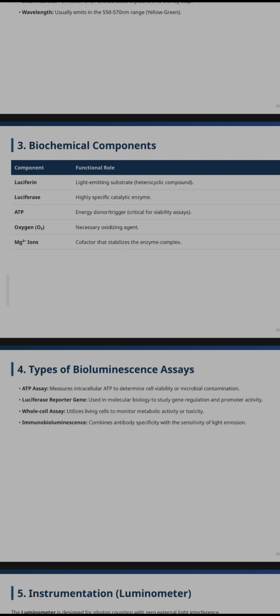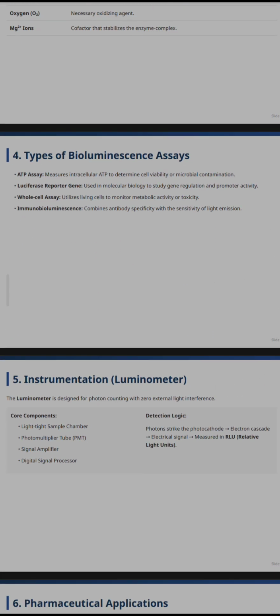Types of bioluminescence assay: there are four types. First is the ATP bioluminescence assay. ATP is usually present in viable cells. For example, if we want to check whether an aseptic room is sterile or not, we take swab cultures.